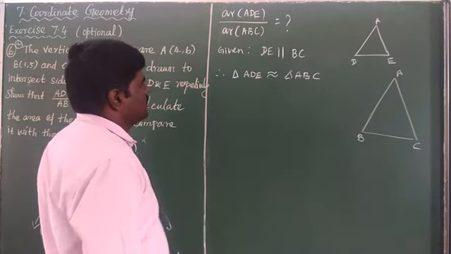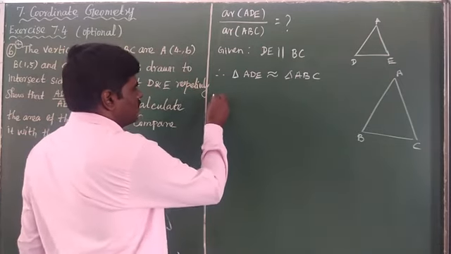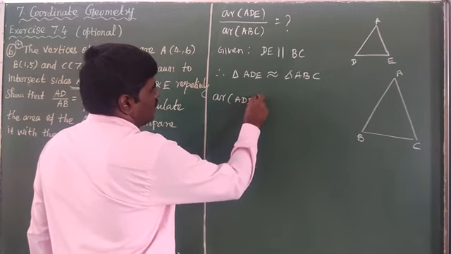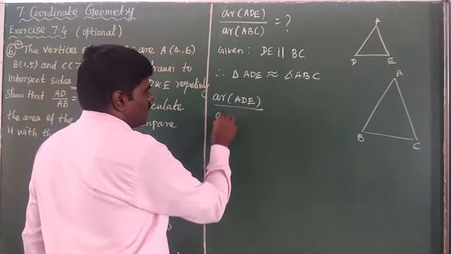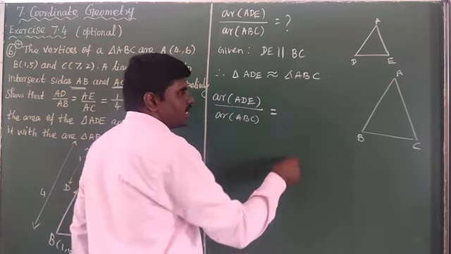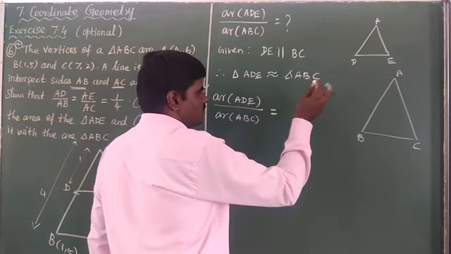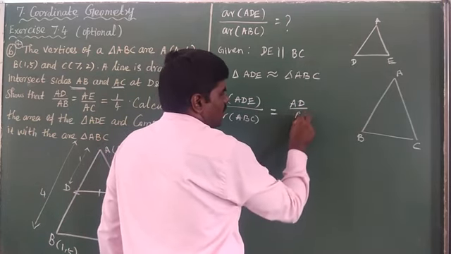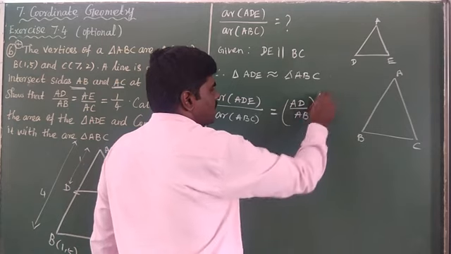So two triangles being similar means the area of the triangle ADE by the area of the whole triangle ABC is equal to the square of the corresponding sides. This is the result we use. So what's the side? AD by AB, the square of the corresponding sides.